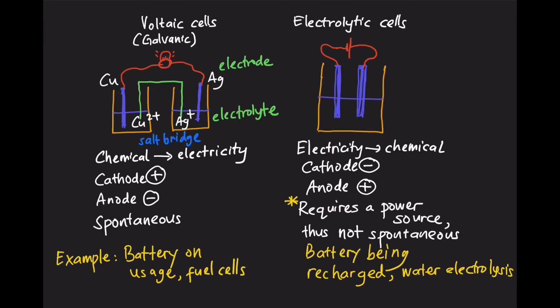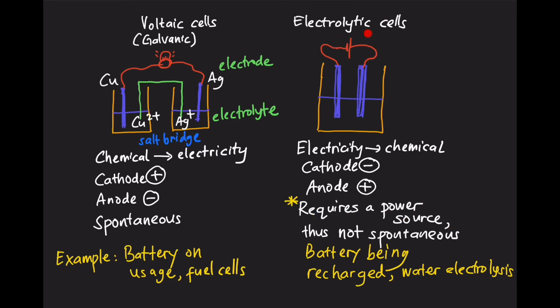So we use electricity to perform non-spontaneous chemical reactions. Normally, the telling difference between these two cells is that the electrolytic ones will require a power source.